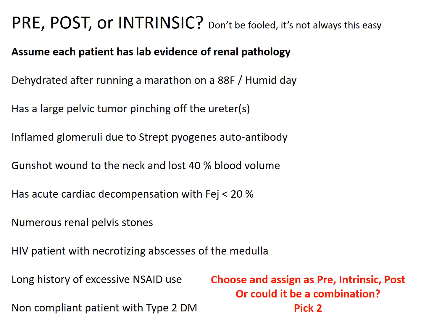Let me pick one of them really quickly as an example. Let's go halfway down, and it says, has acute cardiac decompensation with ejection fraction less than 20%, right? So that means that if the heart is pumping so poorly, you're going to have very poor perfusion of the kidneys.